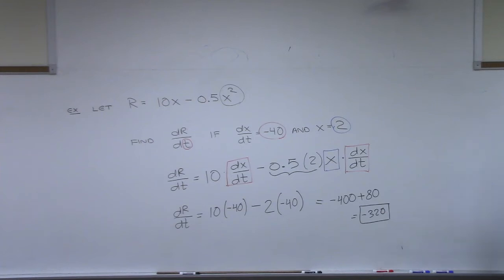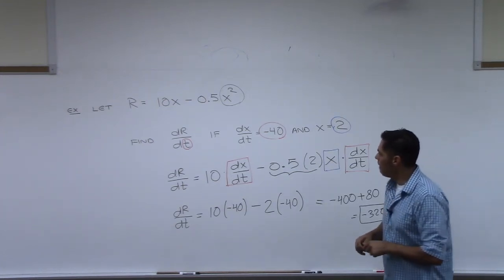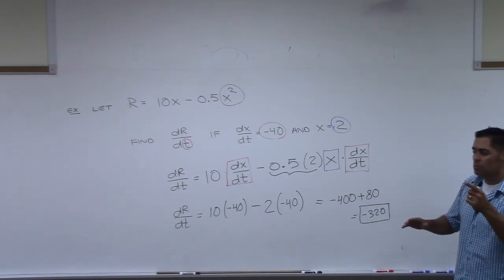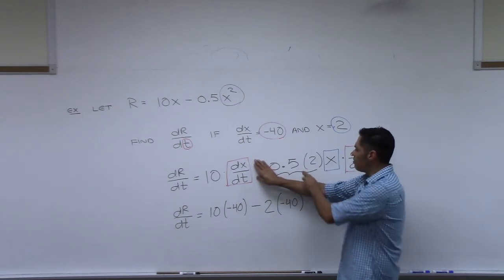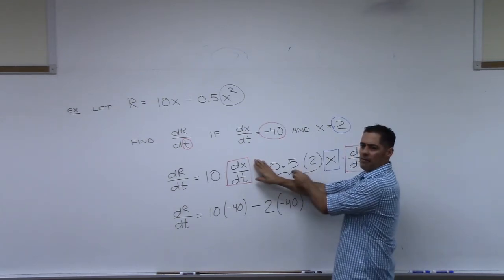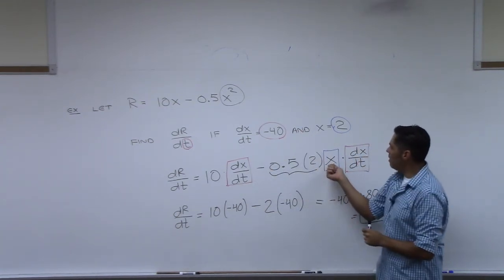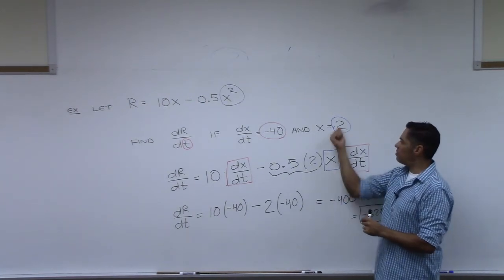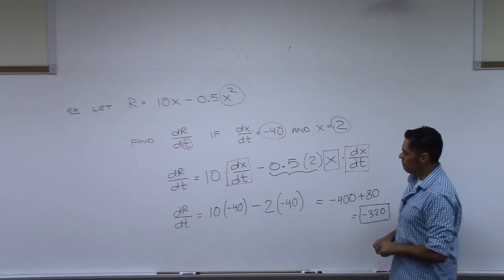How'd you get negative 2? Well, that was a minus, right? Okay, so these two together, that's half of 2, which is 1, and then this x right here is 2. We could just skip that whole middle section, right? Just start plugging in.